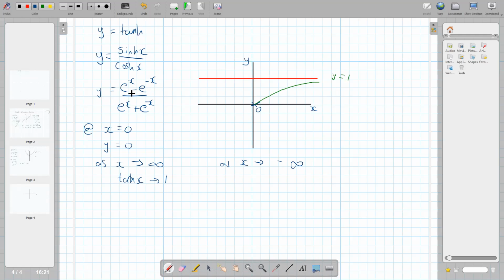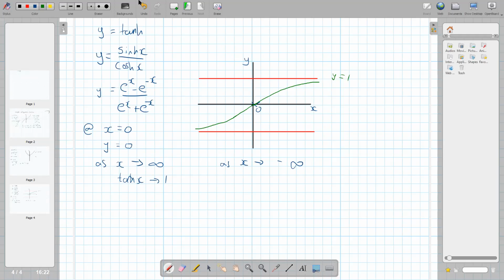So it's going to end up with minus something divided by the same thing, which is just effectively minus 1. So we're going to need another asymptote this time. So we'll put an asymptote in the same place, let's go here somewhere. So this time now it's going to come down, and it's going to curl like that. So this is the sketch of the graph of the hyperbolic tangent.